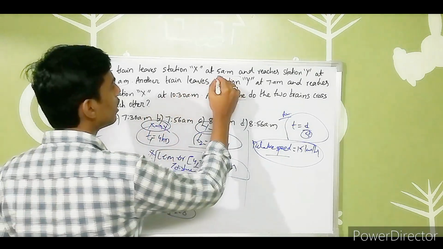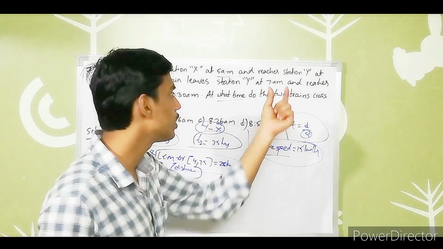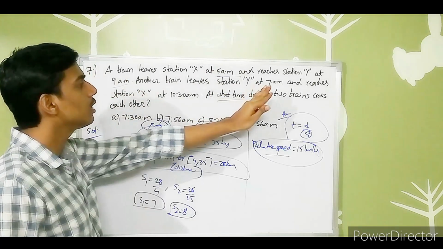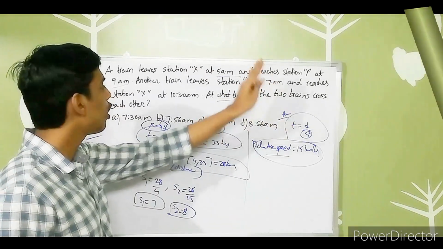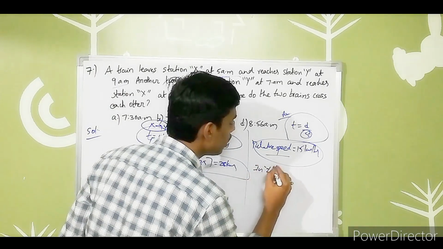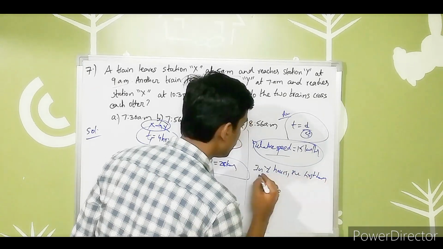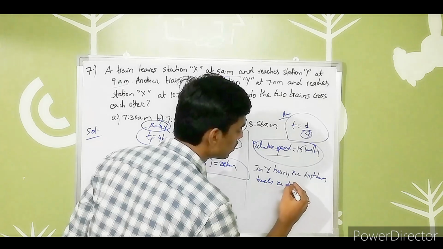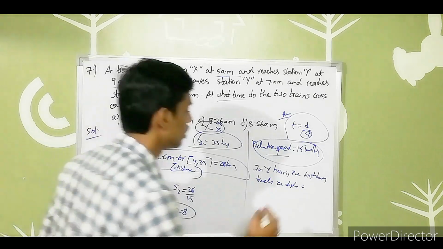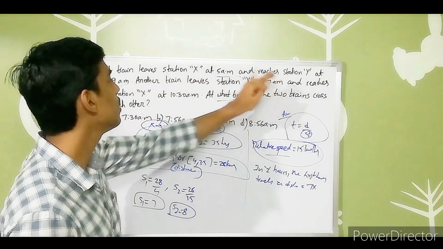The first train started at 5 am, but the second train started at 7 am. So before the second train starts, the first train already covers 2 hours, that is 5 am, 6 am, 7 am.